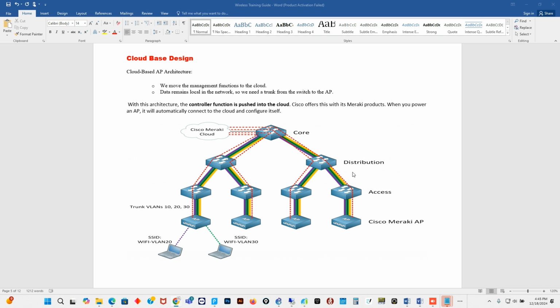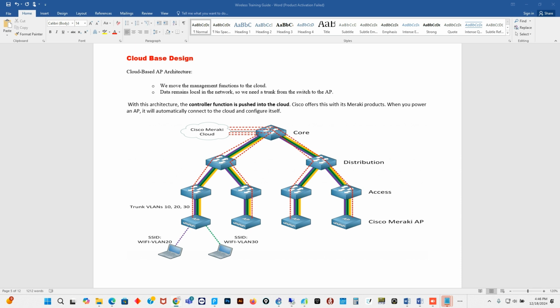The only difference between the two is that the wireless controller is hardware, a physical device, and the cloud is something that you can install on VMware. Cisco has one for Meraki devices, which is a cloud-based product. In that situation, it can be in your on-premises data center, on a VM machine, or whatever the case may be, or it can be with a public cloud where you have those services.